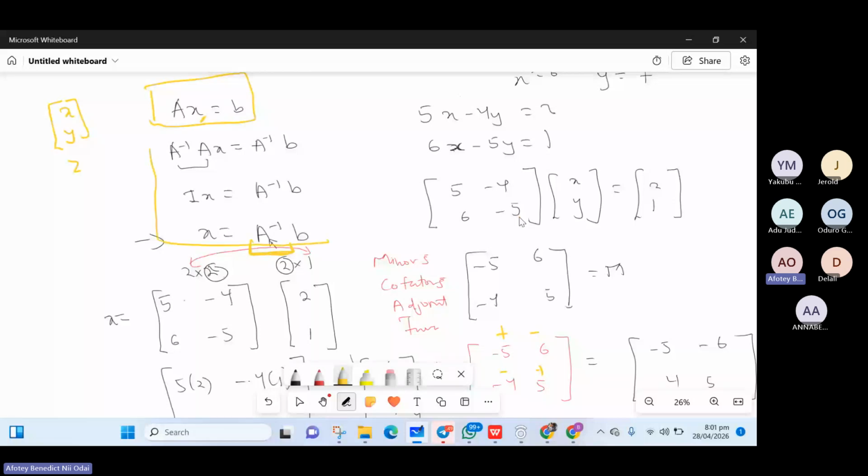Once you get this, you are good to go, right? You multiply by the inverse, we get the expression X is equal to the inverse times B.